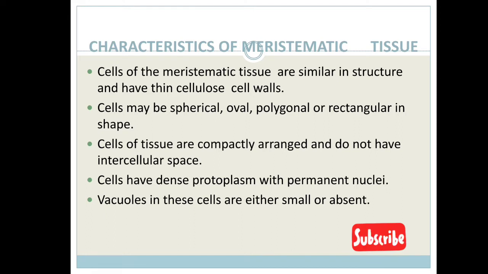The cells are compactly arranged and don't have any intercellular space. In this type of tissue, the cells have a dense protoplasm with permanent nuclei, and the vacuoles in the cells are either small or absent. So these are the characteristics of the meristematic tissue.